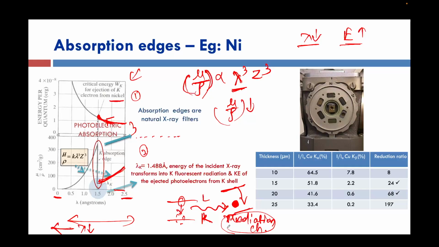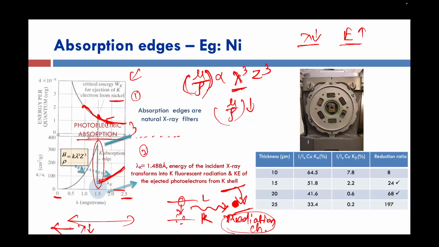Then what will happen is, though your energy beyond this point is increasing, at this point suddenly you are not getting X-rays anymore. You are not getting the X-rays that you are supposed to get, because of this photoelectric absorption.